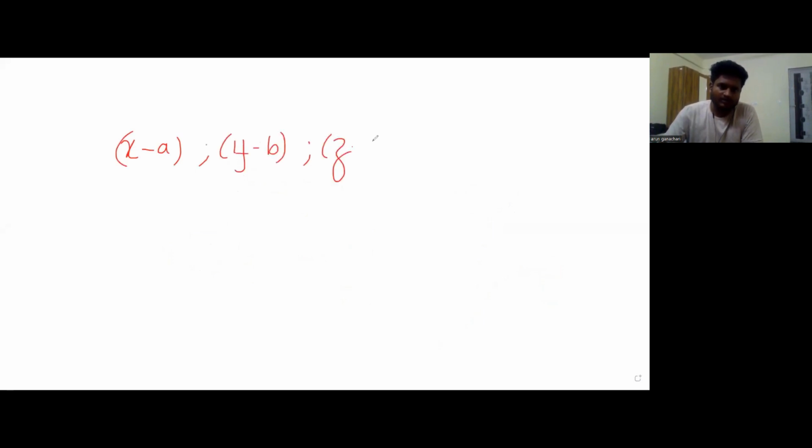So let us say we subtract the remainders: x minus a, y minus b, and z minus c. What is x here?